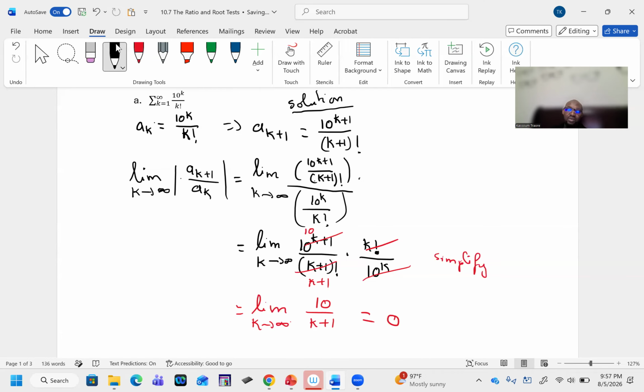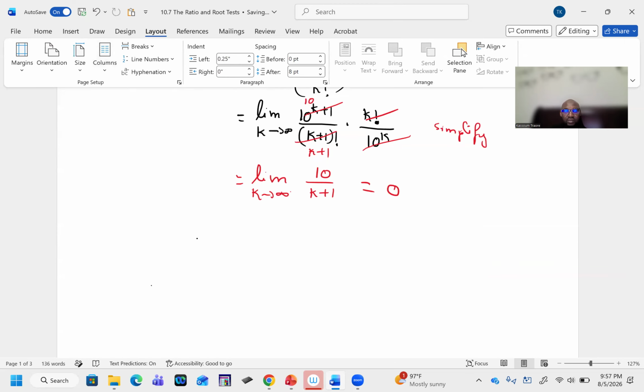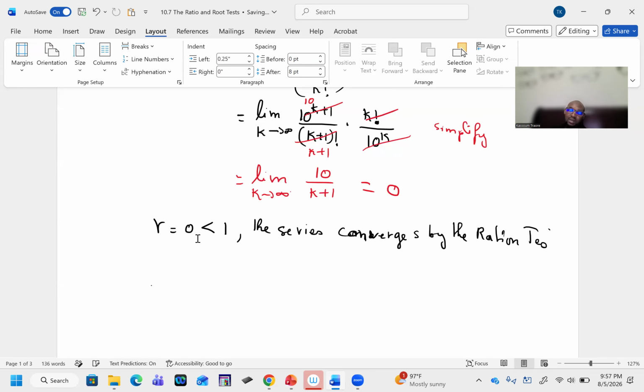So we conclude, because R is equal to 0, which is less than 1, that the series converges by the ratio test, right?